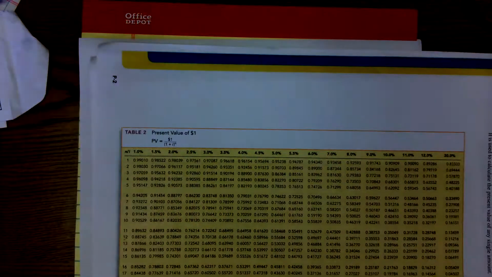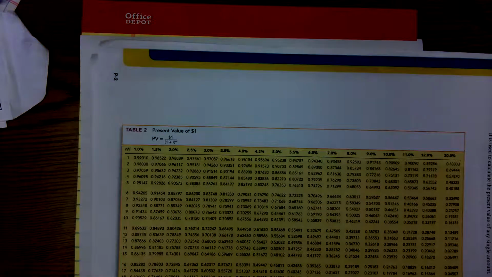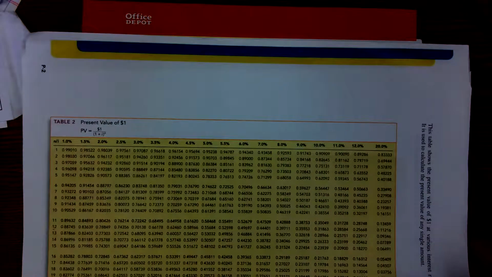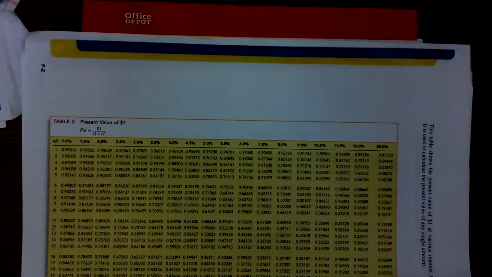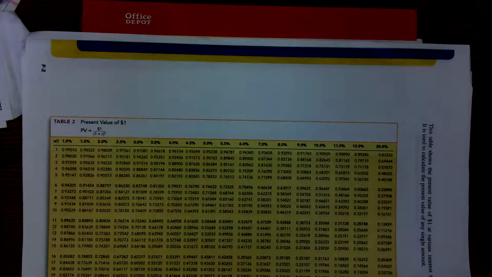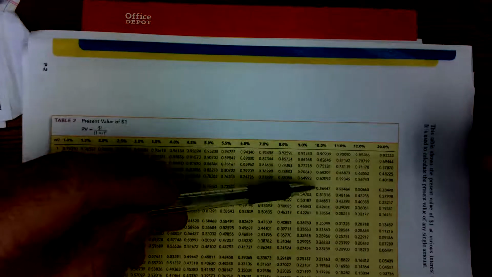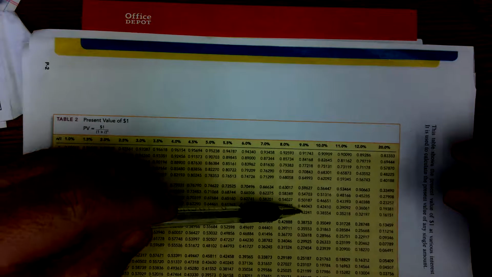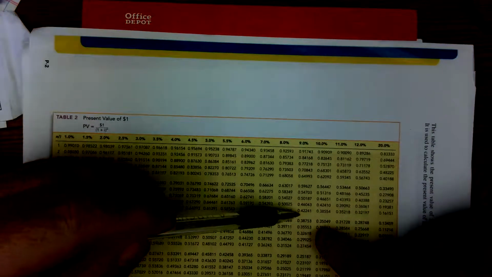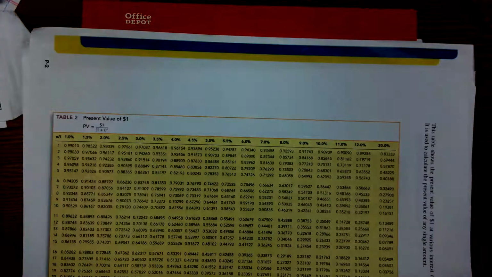Two interest rates were given in this problem, 12% and 10%. What we need to figure the value is the 10% to start. So we look at 10% for 10 years, and we come down here and it's 0.42241. So we take the 20 million and multiply it times 0.42241.